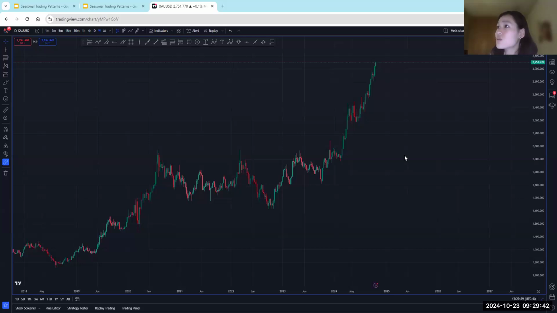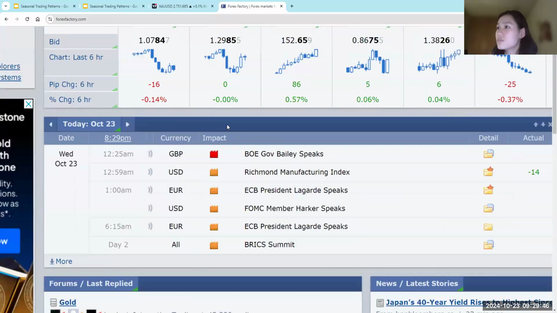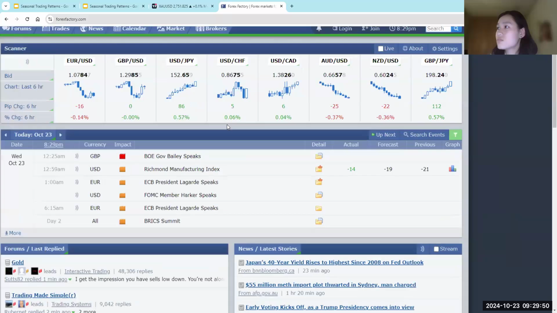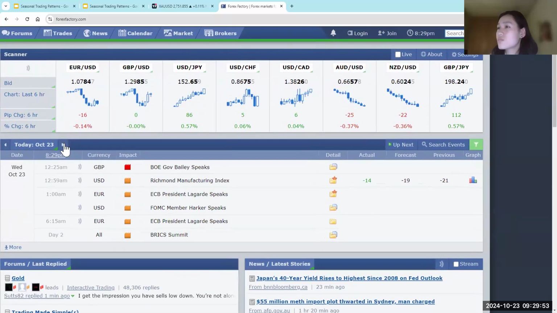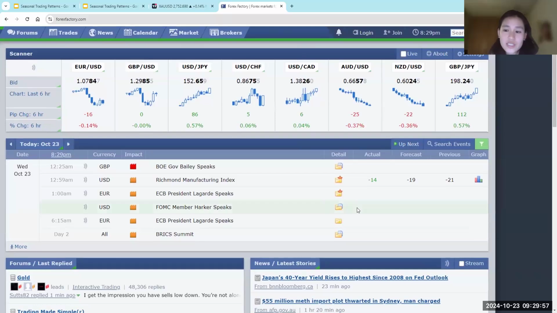Okay, so this is forexfactory.com. There are a lot of economic calendars on the market that you can make use of. This is the one that we normally like to use. But you can use investing.com as well if you want.